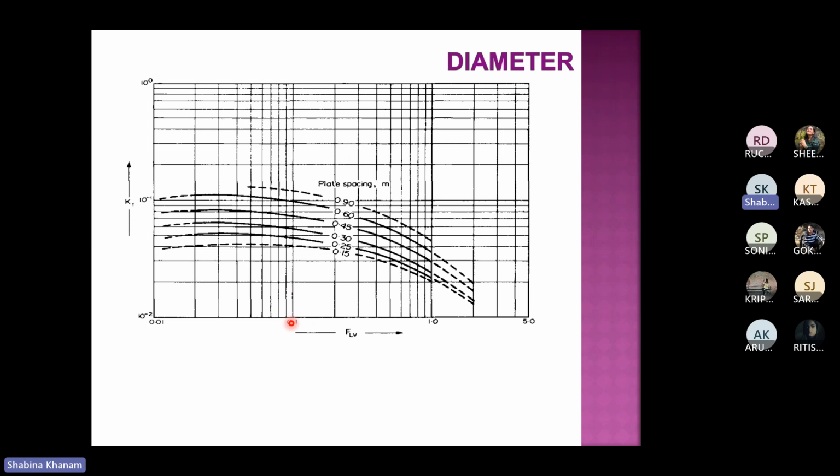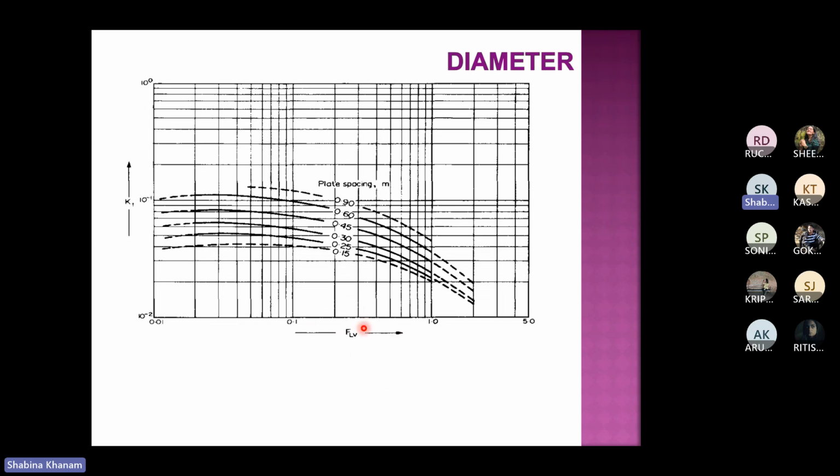If you see, this is the graph which is given in volume 6, and this belongs to chapter 11. All heat exchanger, condenser, and reboiler material is available in chapter 12, and here we need to consider chapter 11.